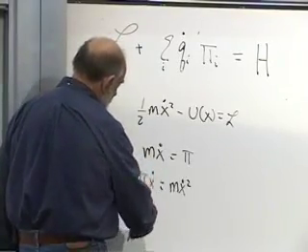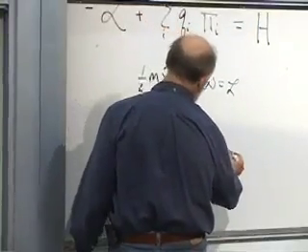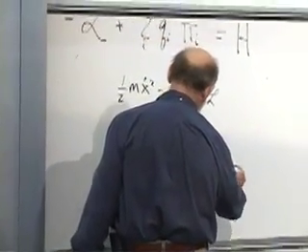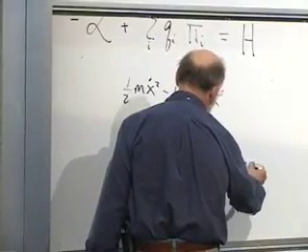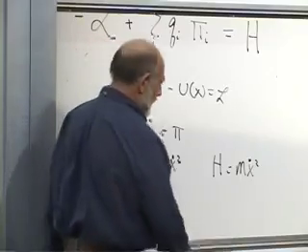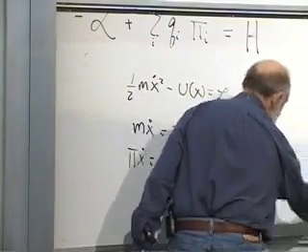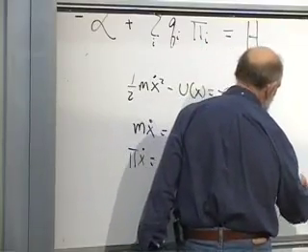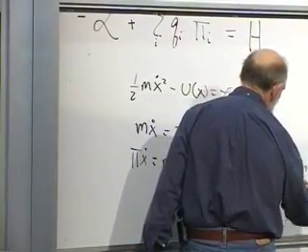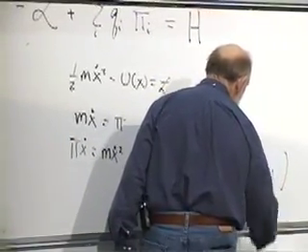All right, so H then, in this case, would be m x dot squared, that's pi times x dot, minus the Lagrangian. The Lagrangian is m x dot squared over 2 minus U of x.